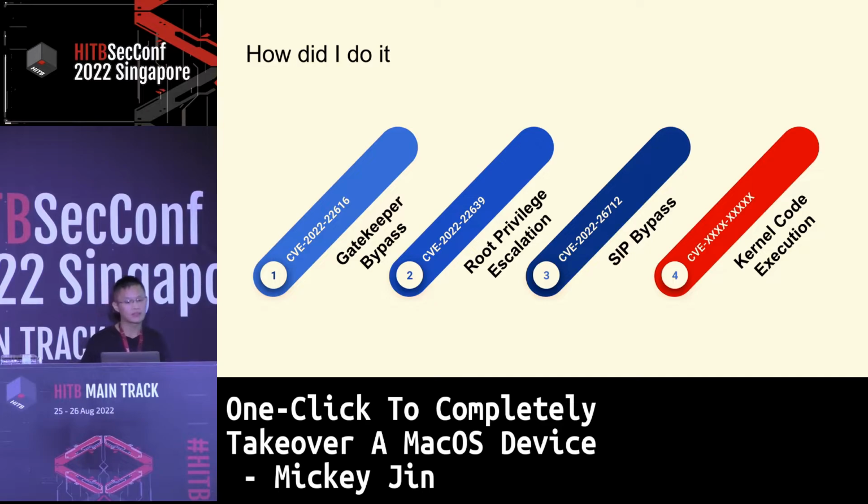Next, I will bypass the system integrity protection to modify some critical system files by exploiting CVE-2022-26712. Finally, I can get arbitrary kernel code execution with the SIP bypass primitive I got.